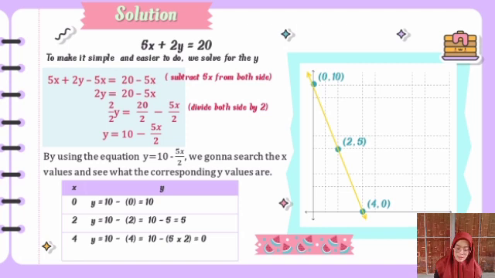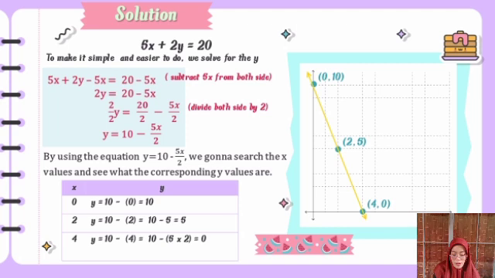If x is 2, then y equals 10 minus 5, equals 5. If x is 4, then y equals 10 minus 5 times 2, equals 0.